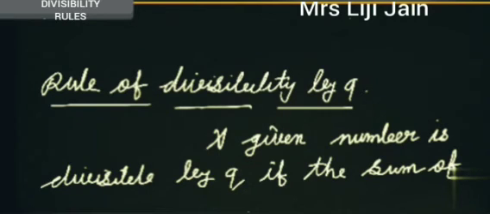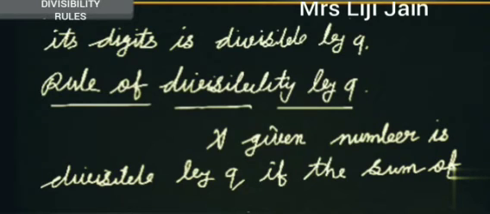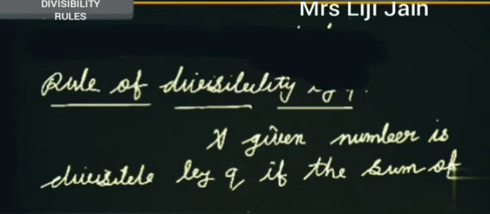Okay, same as that of the rule of divisibility by 3. A given number is divisible by 9 if the sum of its digits is divisible by 9. So let's try some examples.